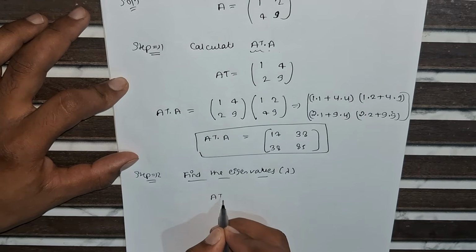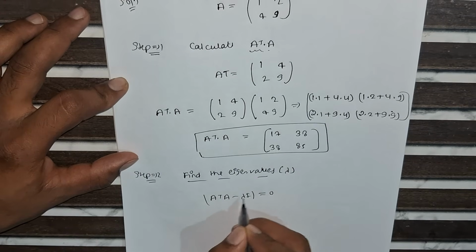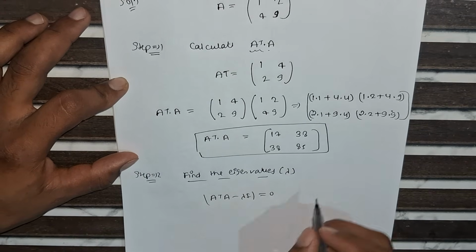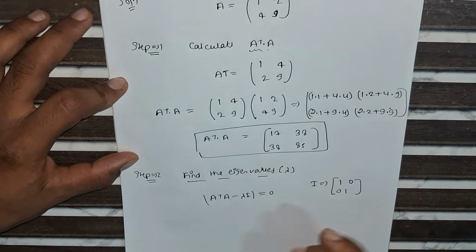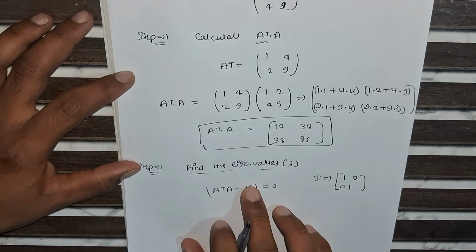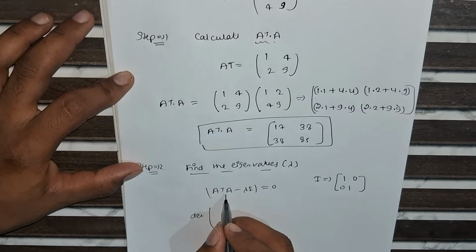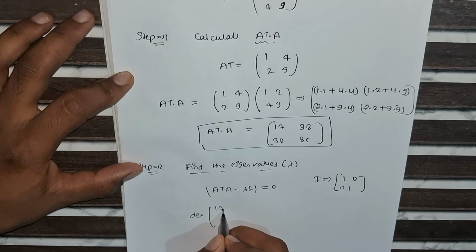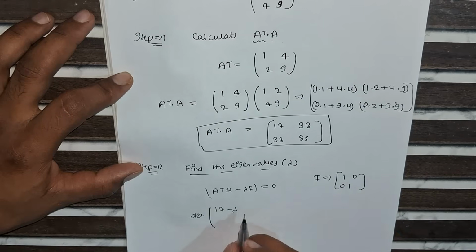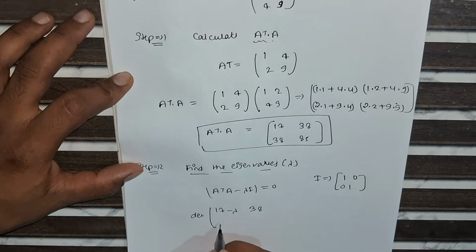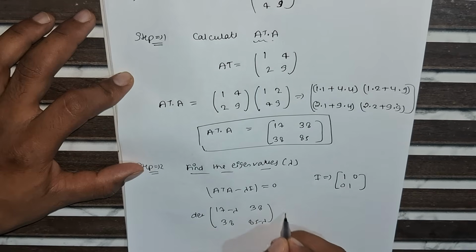We have to solve the determinant of A transpose A minus lambda into I equals 0. Here lambda is nothing but the eigenvalues, and I is the identity matrix, which is [1, 0; 0, 1]. So the determinant of A transpose A minus lambda I is [17 minus lambda, 38; 38, 85 minus lambda], which equals 0.